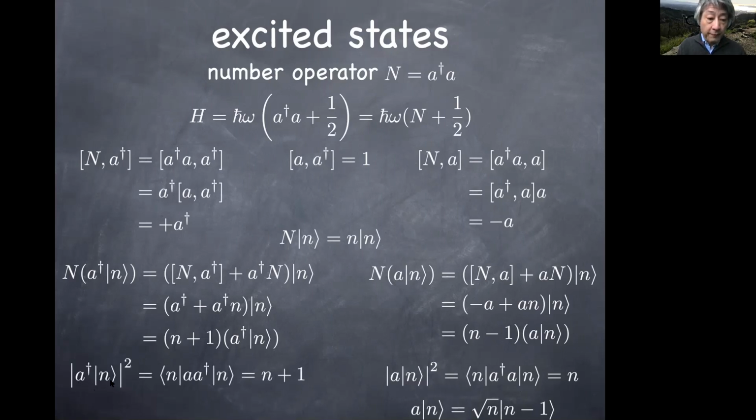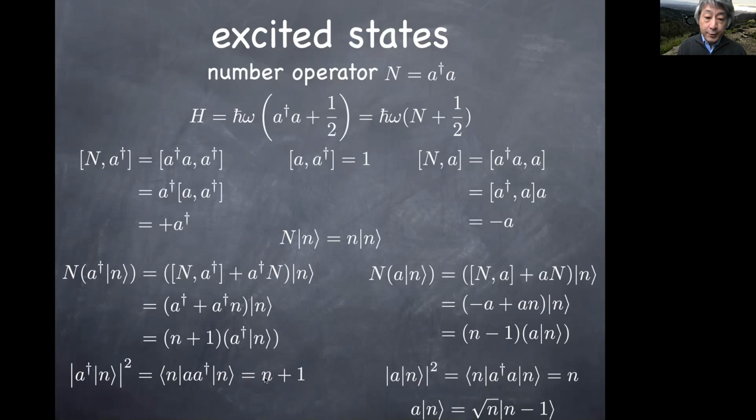So the norm of the state A dagger acting on number state n is given by A dagger acting on n and its Hermitian conjugate. The ket n becomes bra n, A dagger dagger is A. So that's the thing you need to compute. And A A dagger, using this commutation relation, is A dagger A plus 1.